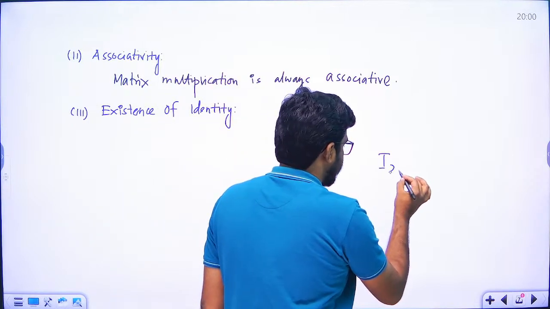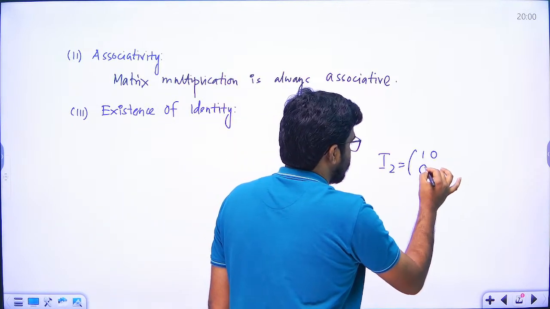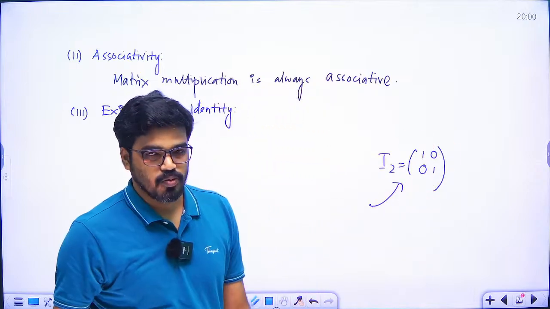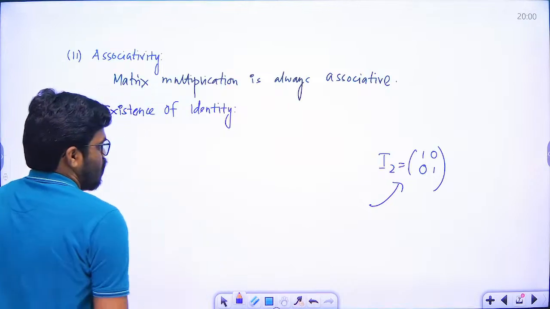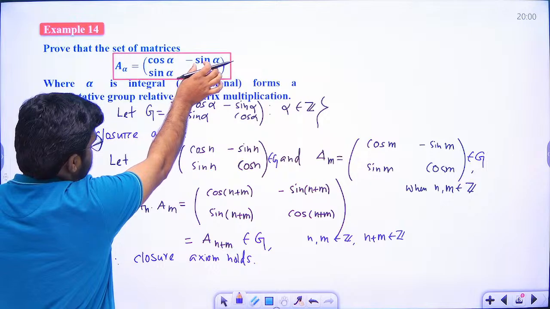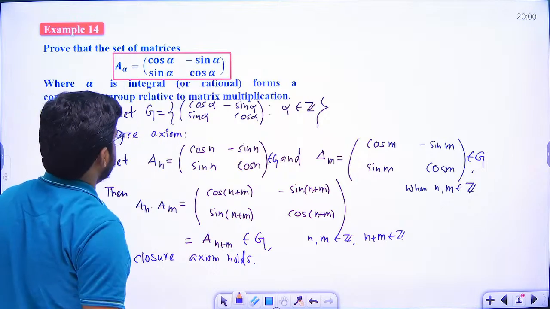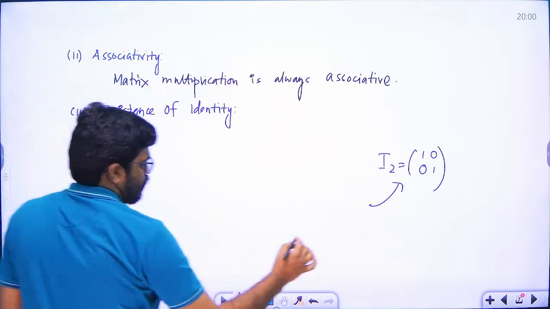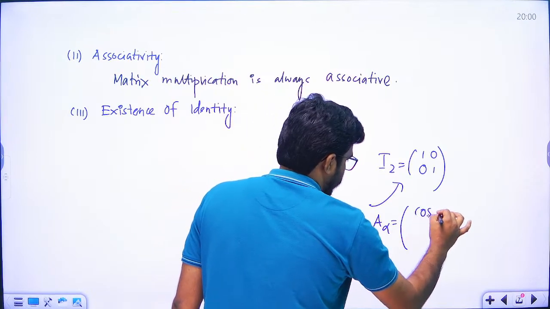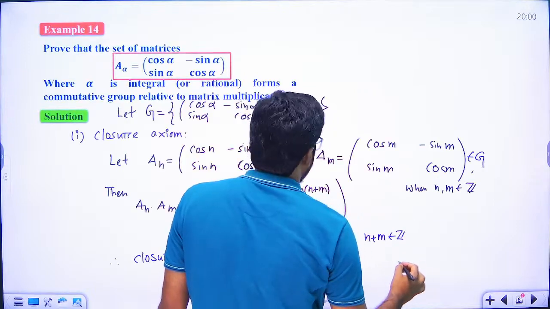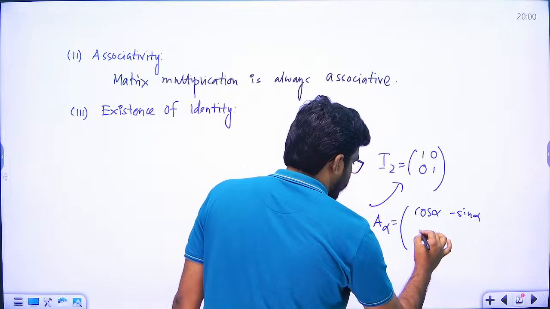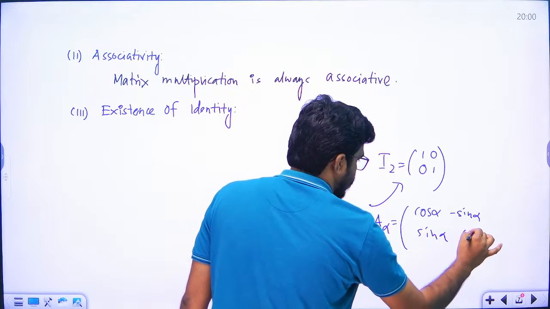That is the identity matrix, 1 0 0 1. So is this the identity element? Yes or no? Let's see. Here the matrix is of the form cos alpha, minus sin alpha, sin alpha, cos alpha.